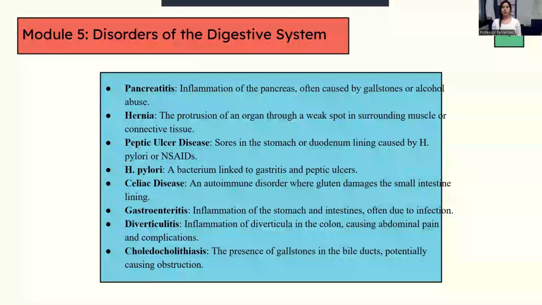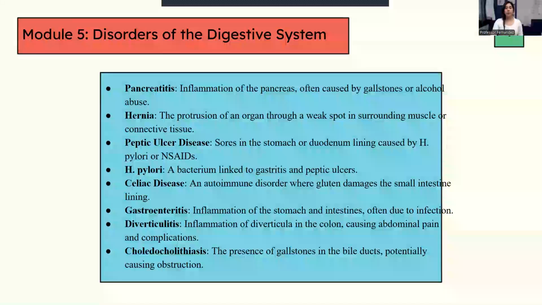Celiac disease means you can't eat gluten, because it ends up damaging the gut if you do. Gastroenteritis is a stomach bug that causes diarrhea and vomiting. Diverticulitis is infected pouches in the colon.